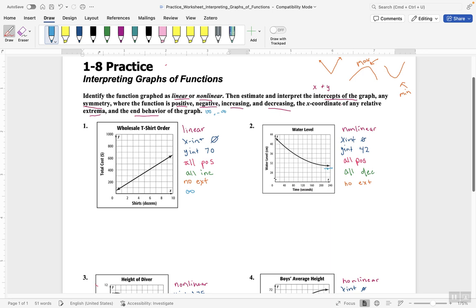So you can write that if you think it's just going to keep getting closer and closer to 30. So you can either consider the end behavior as negative infinity or y equals 30, because that would be the horizontal line that it's getting closer to.